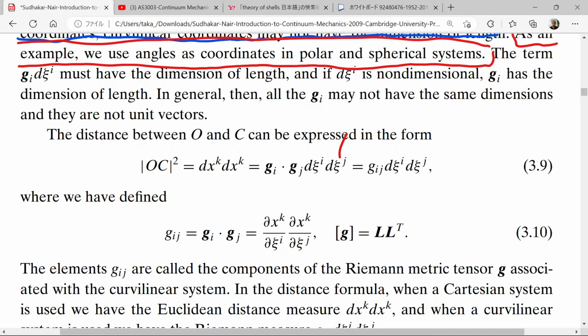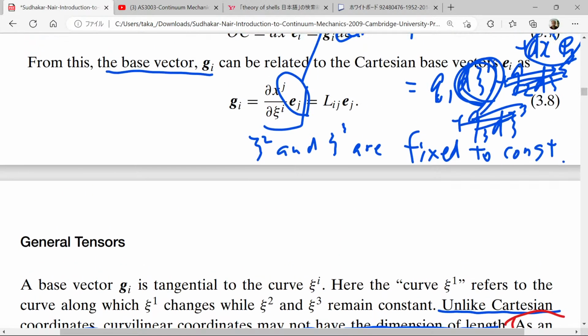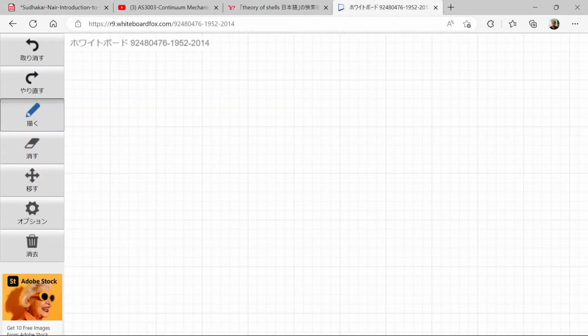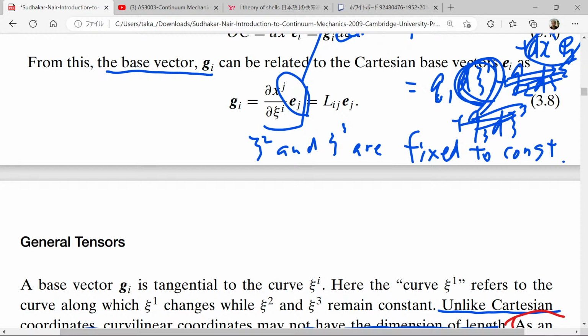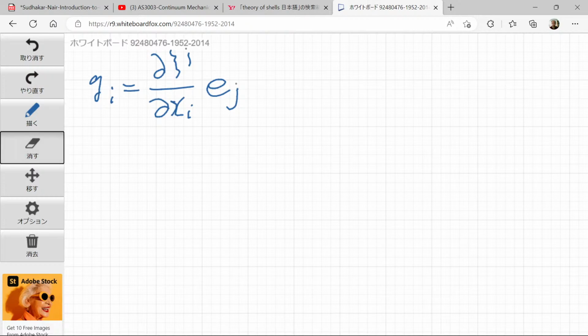Let me see. GI is ∂x_j/∂ξ^i e_j. Is this correct? ∂x_j/∂ξ^i, this way.